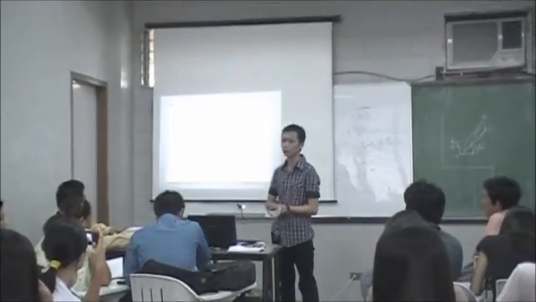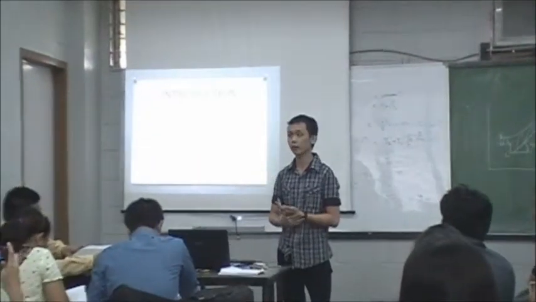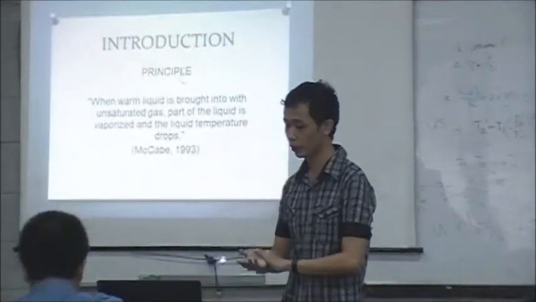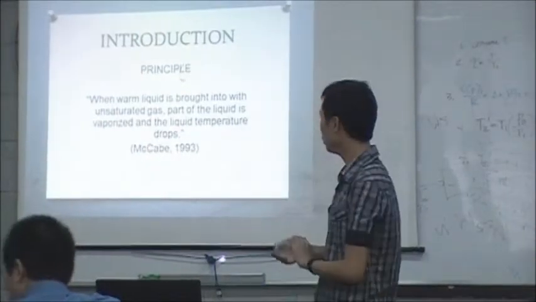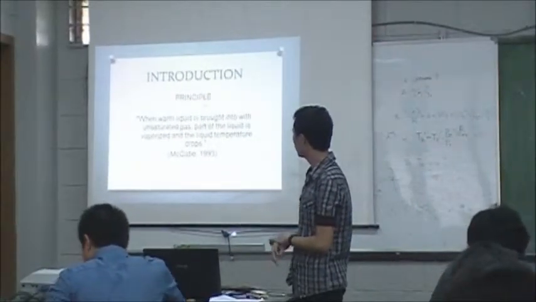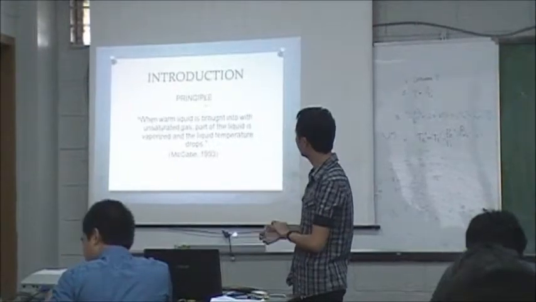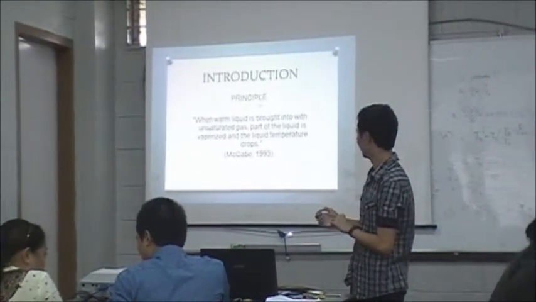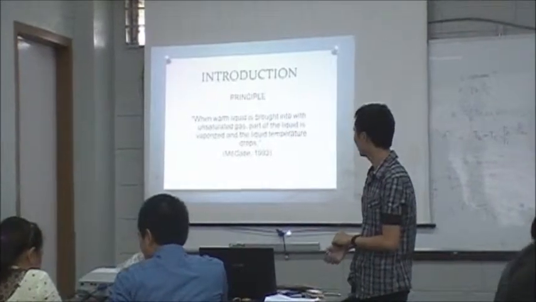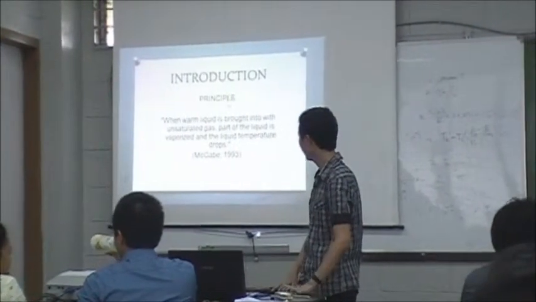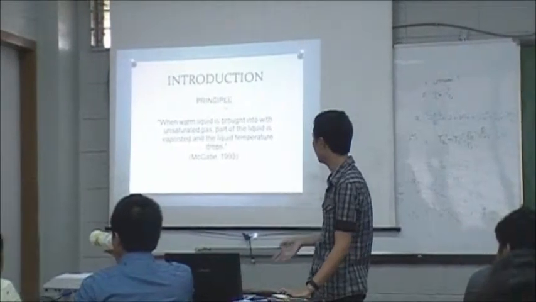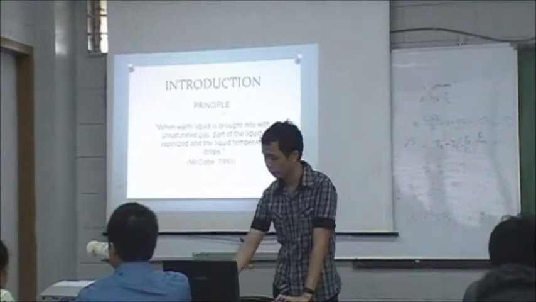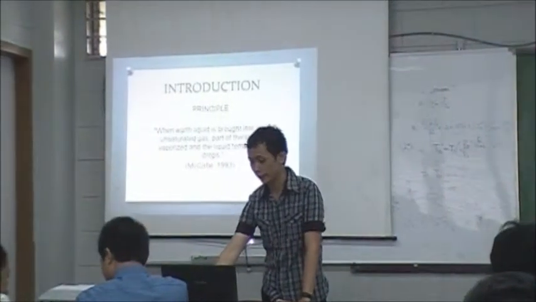With this observation, people would like to develop equipment that would utilize the enthalpy of the gas so that the liquid temperature would drop and the liquid would vaporize. So this was from the unit operations.